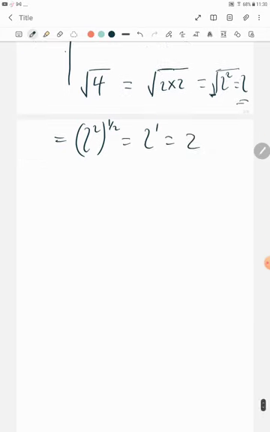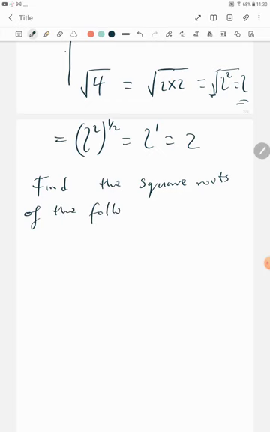Let's do some bigger numbers now. Find the square root of the following numbers. So let's say we have 81.